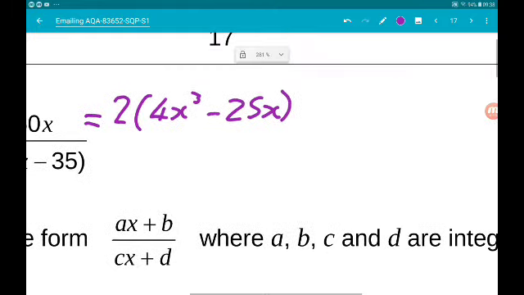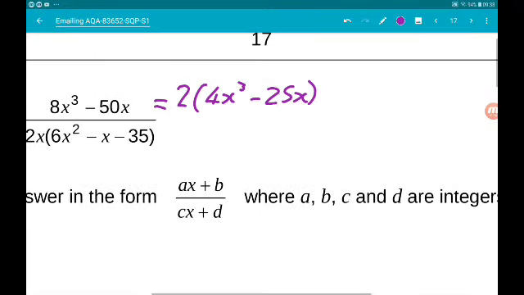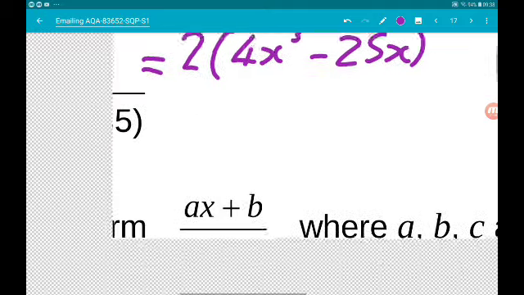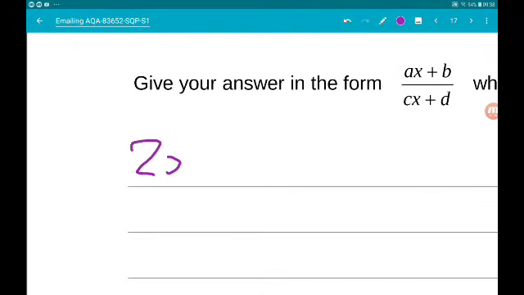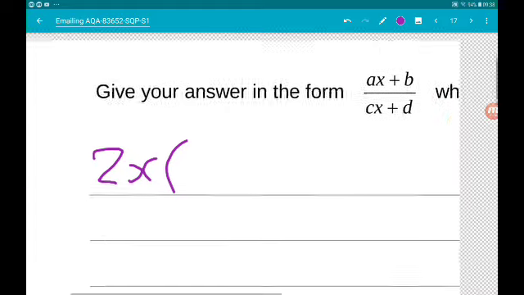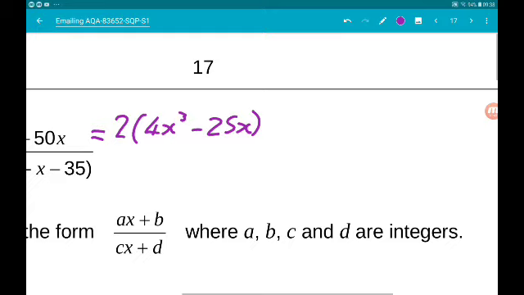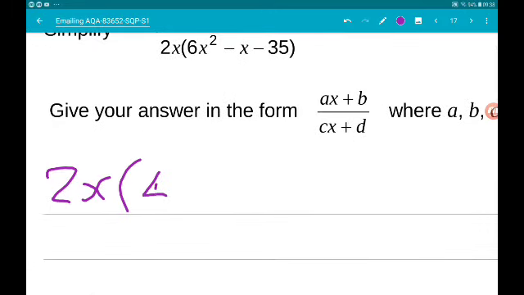Now there's still a common factor in there. Let's go down here though, where we have more room. The other common factor is x. So if we also take an x out the front, then we've got 2x times 4x squared minus 25.